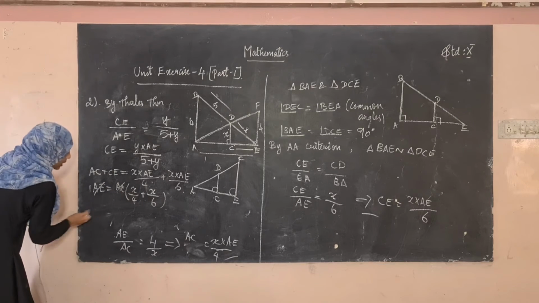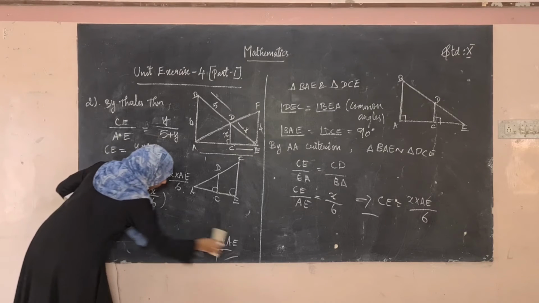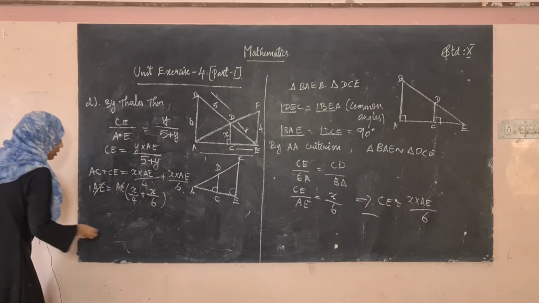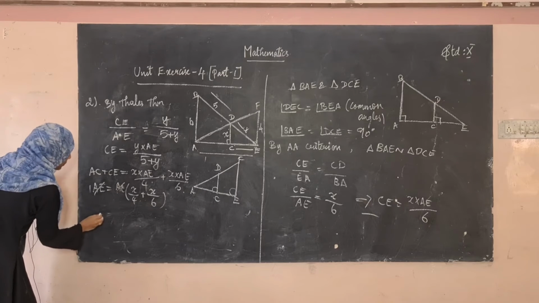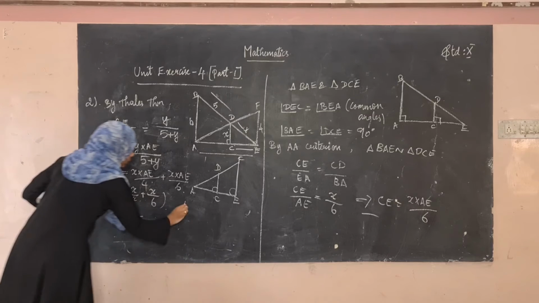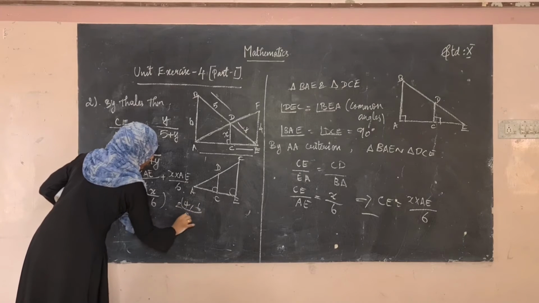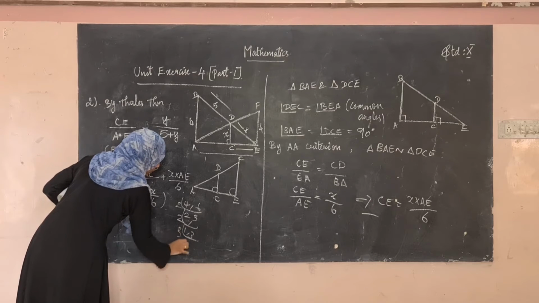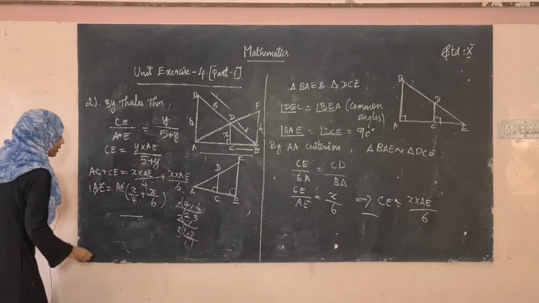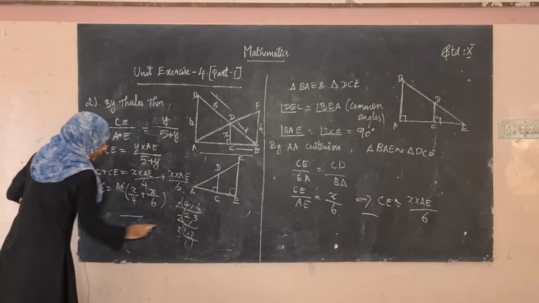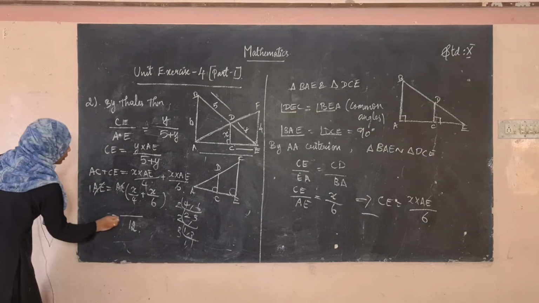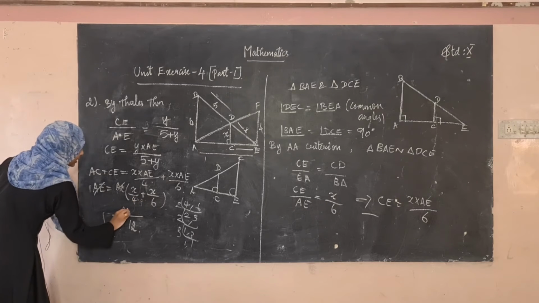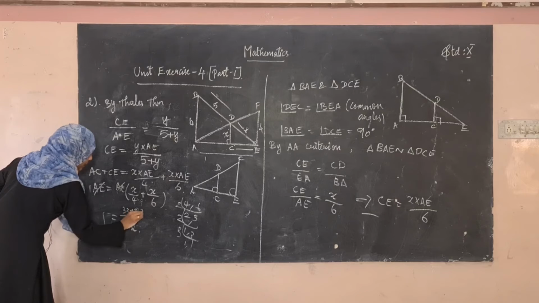So on taking LCM, what happens here? 4, 6, 2, 2, 3, 2, 1, 3. So 4 times 3 is 12, right? Yes, 2 times 2 is 4, 4 times 3 is 12. Taking LCM is 12. In the left hand side we are having 1. So 4 into 3, so 3x plus 2x.